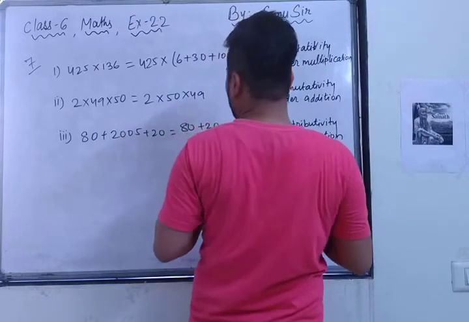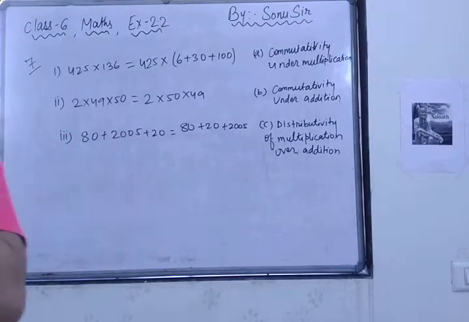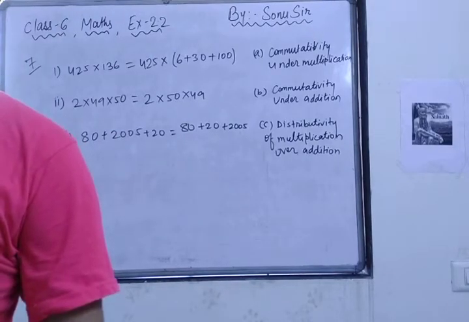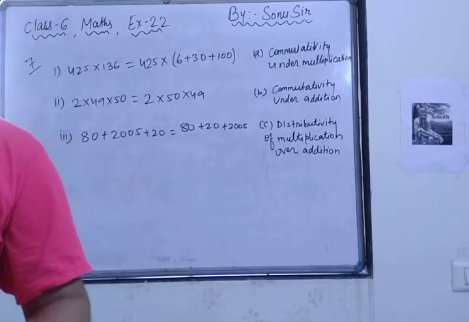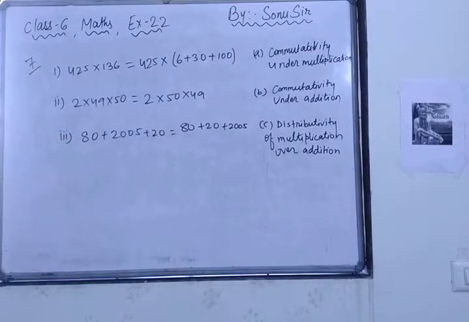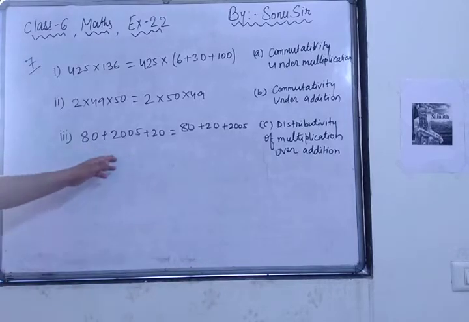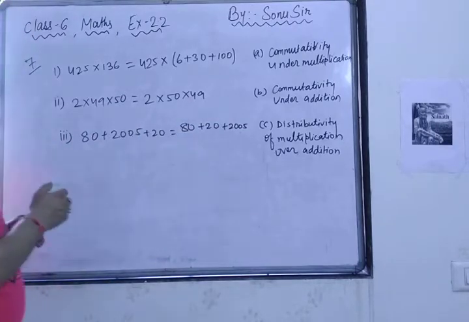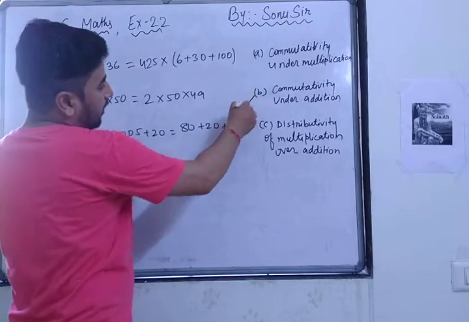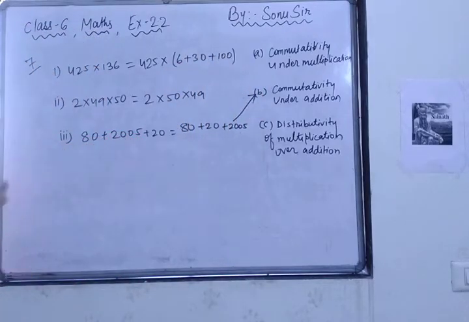So first of all, you should see what the question is and what the laws and properties given are. You have to just match the following. What will be the right answer? See, here there is no multiplication, only addition is there, right? So here it will be under addition. You can see the third point. We can directly match this answer to that third one, commutativity under addition.